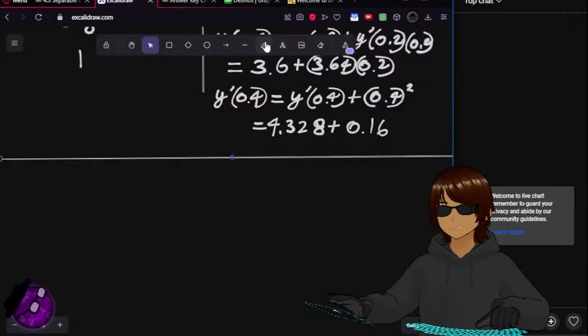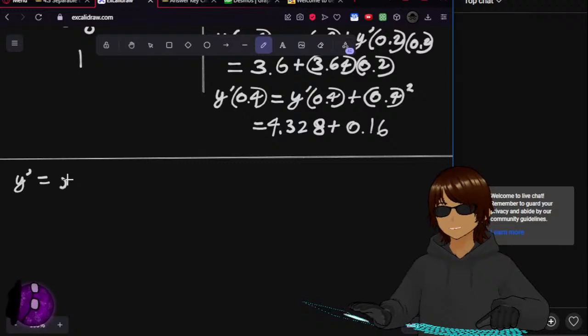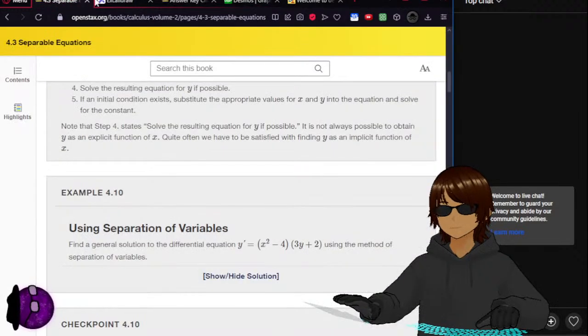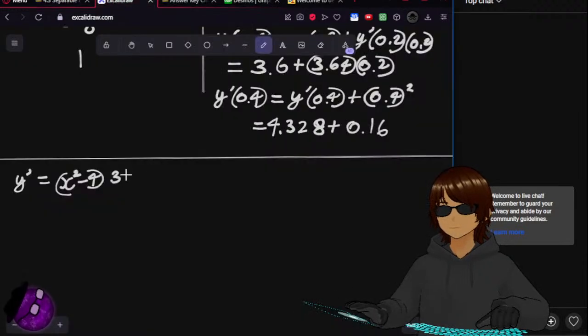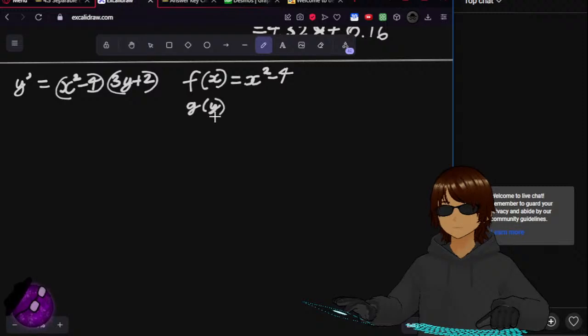Derivative of y is x squared minus 4 times 3y plus 2. So f of x is equal to x squared minus 4. Then g of y is 3y plus 2.